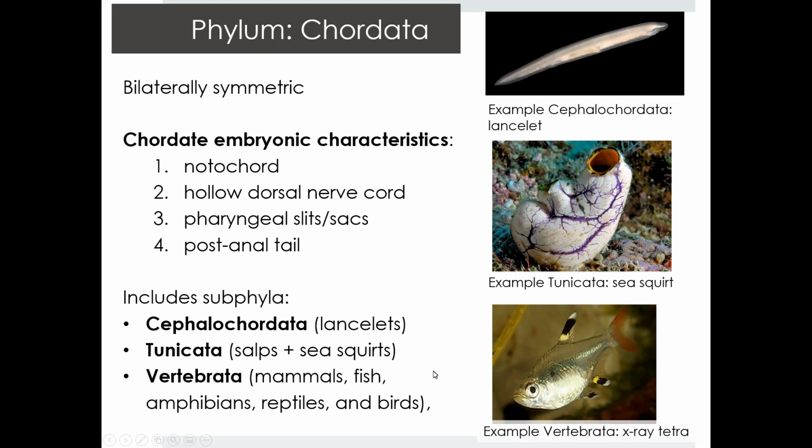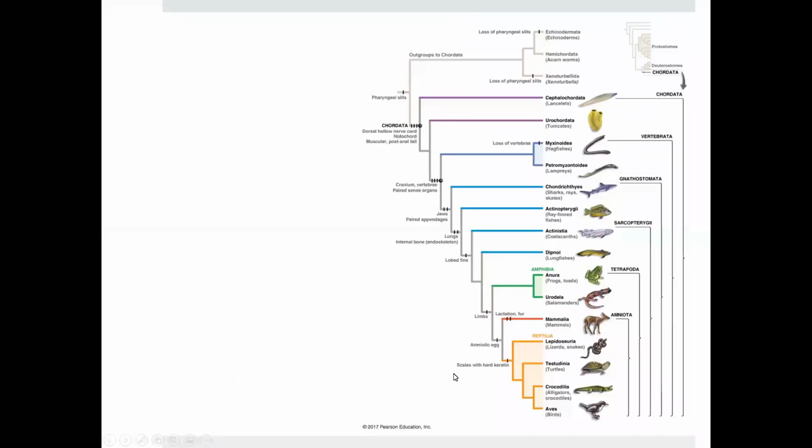So a variety of different organisms within our final subphylum. But for this section of the lab, we are going to focus primarily on Cephalochordata and Urochordata. But do note that chordates encompass a variety of different organisms, from reptiles to amphibians, mammals like us, as well as a variety of different fish species.